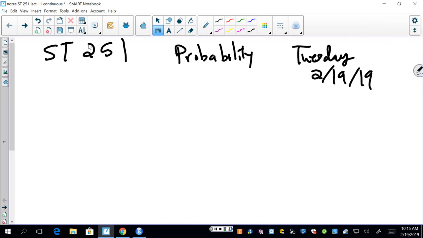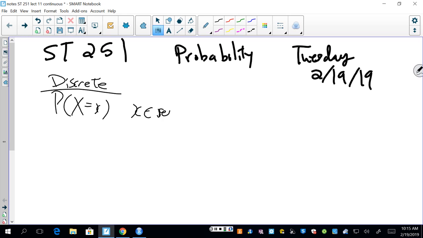So when we describe probability distributions, we have to give probabilities or formulas for it. For discrete random variables, you can give the values for x in the set of possible values.